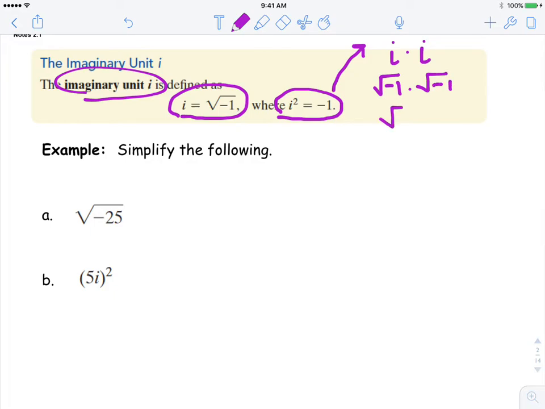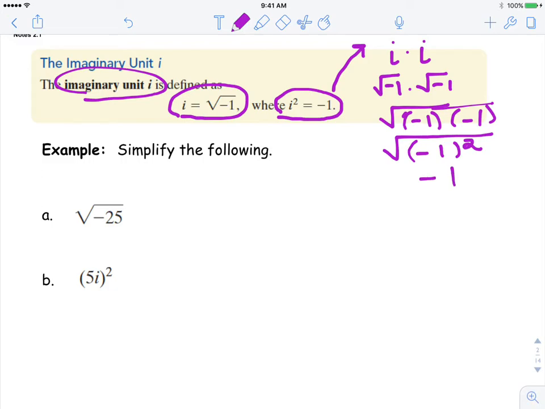I'm going to combine those together as one radical. That's the square root of -1 all squared. So that square root and that square undo each other and you're left with -1.